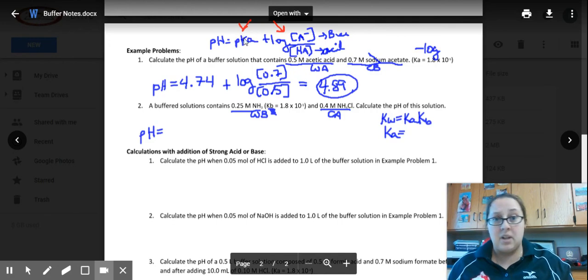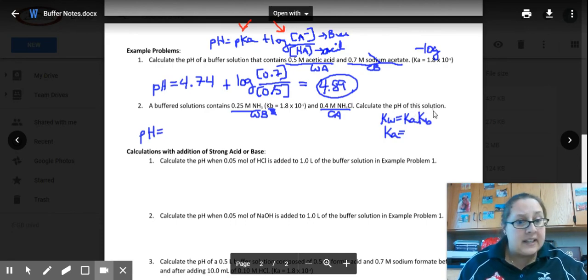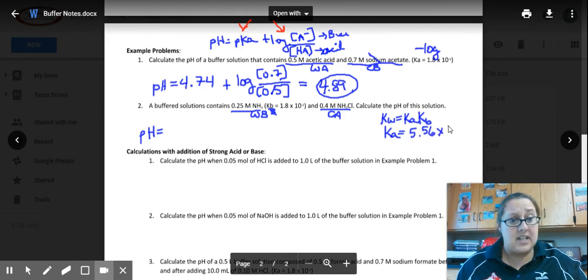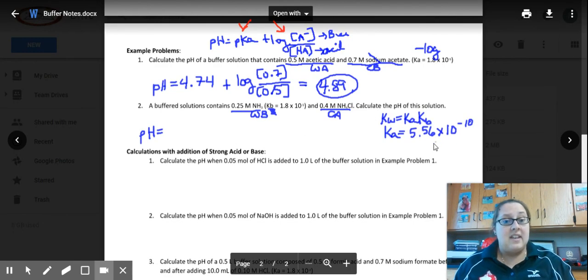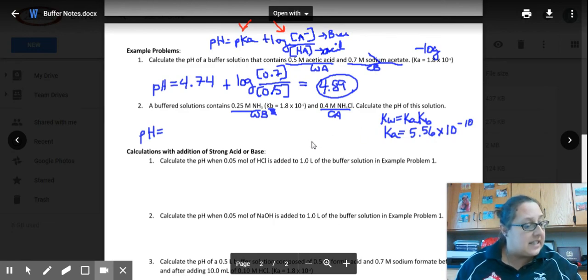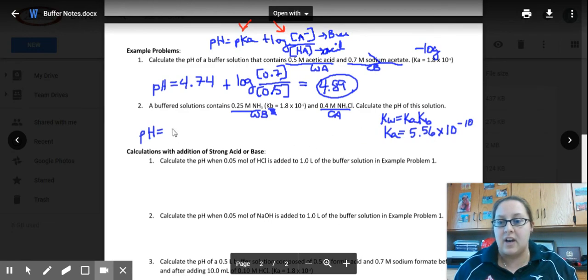I cannot plug in a Kb or a pKb. It has to be pKa. So Ka ends up being 5.56 times 10 to the negative 10. We take the negative log of this quantity, and it ends up being 9.25.